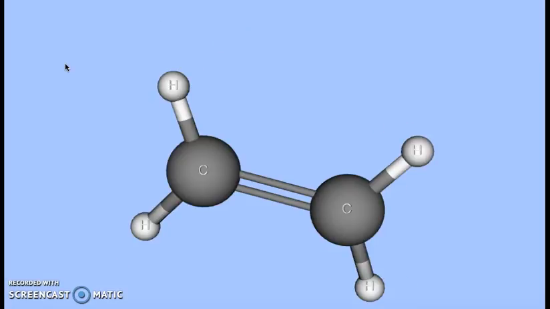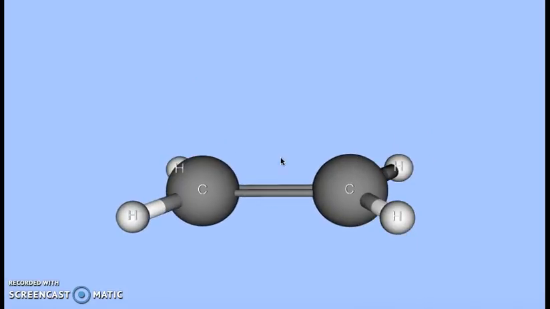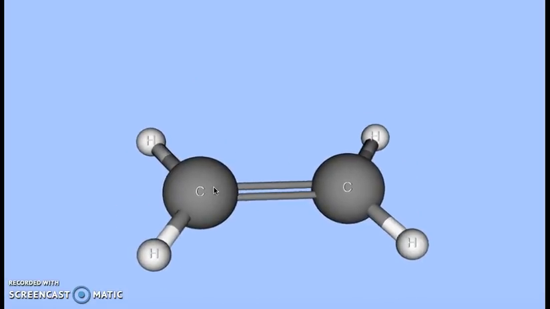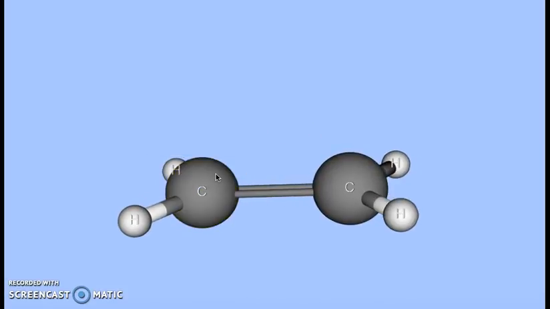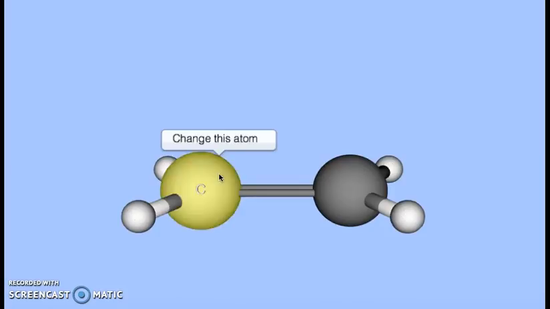The next molecule I want to look at is ethene, where we again have two carbons, but in this case there's a double bond between those two carbons. In this case, both of those carbon atoms are sp2 hybridized, and you can see that the molecule is planar.